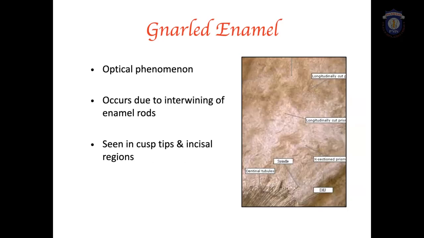The intertwining of these enamel rods happens, and they twist and turn in the cuspal tips and incisal edges, and it creates an optical phenomenon to the eyes which is considered gnarled enamel.